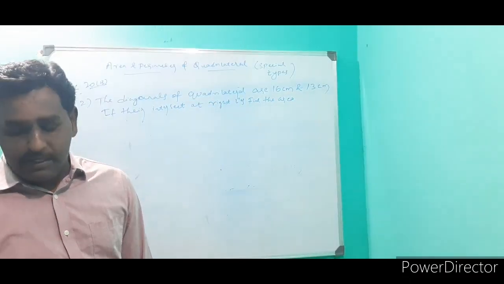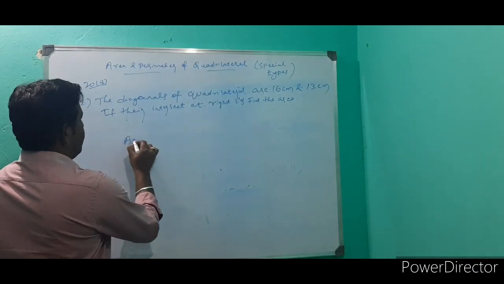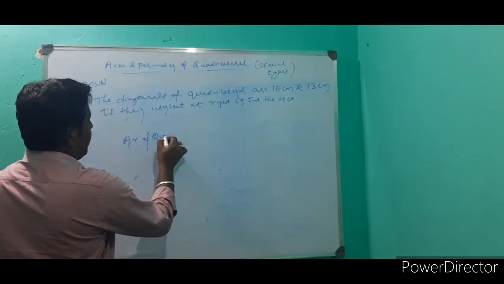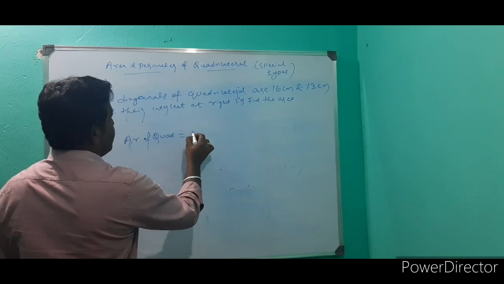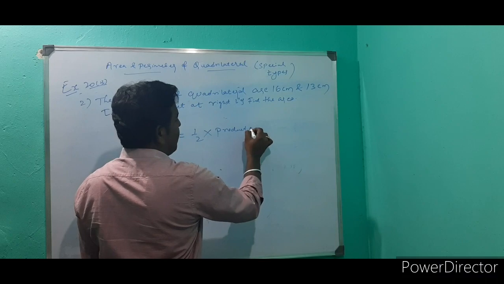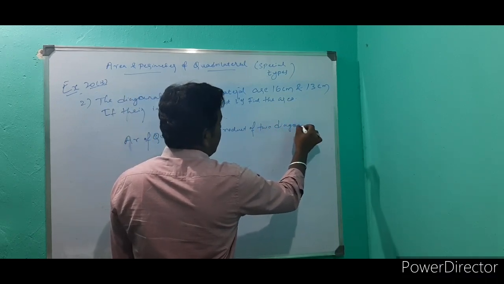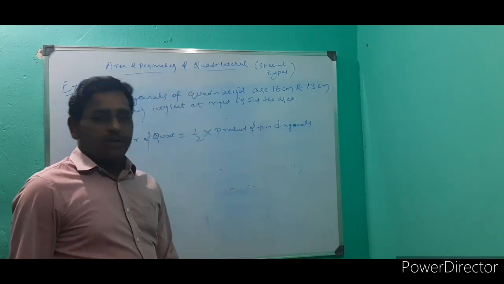If they are given two diagonal lengths, area of quadrilateral is equal to half into product of two diagonals. You know the formula, I explained it in part 3.